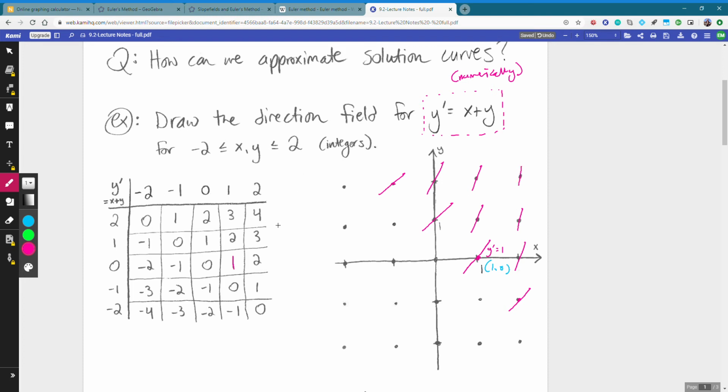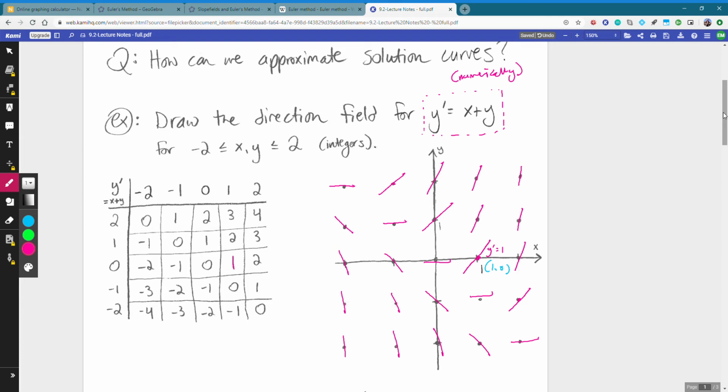Moving on back, we have 0 slope all along this main diagonal. So horizontal line segments here. Then slope -1 below those. Slope -2 next. It's a little bit steeper downward. Minus 3, a little bit more steep, and negative 4 down on the bottom left. And so here's the picture that we get for the direction field of our differential equation here.